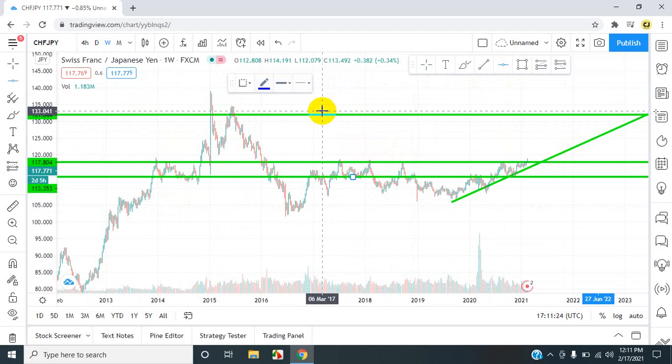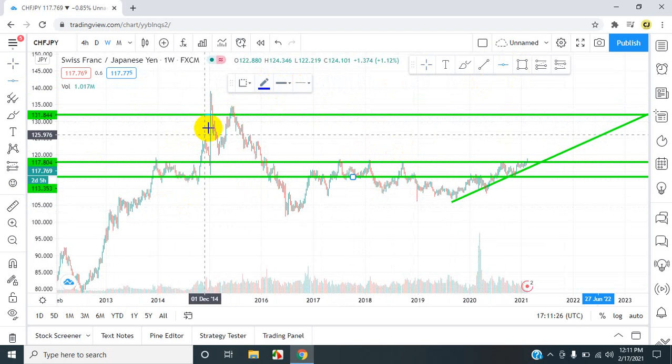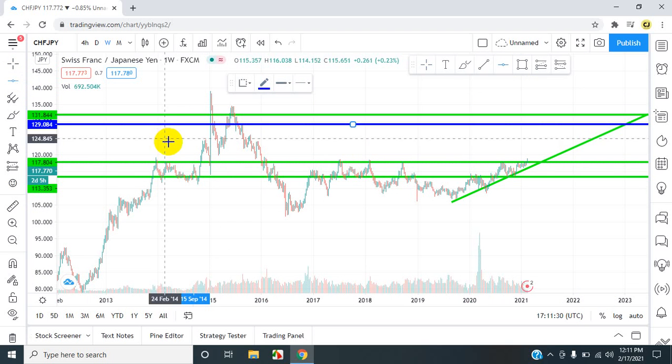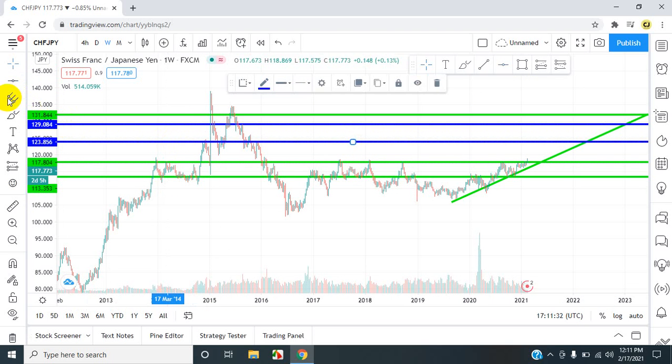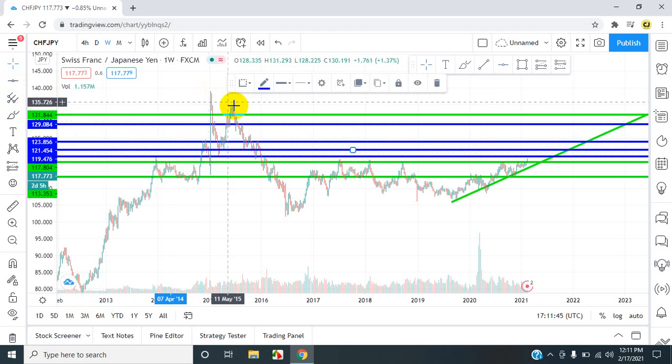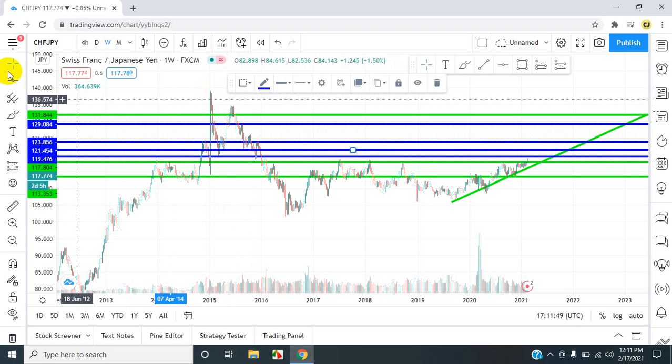So I'll grab my blue SR lines. My goal here is to touch as many peaks as possible, or inverted peaks, reverse peaks. Try to touch those as well.